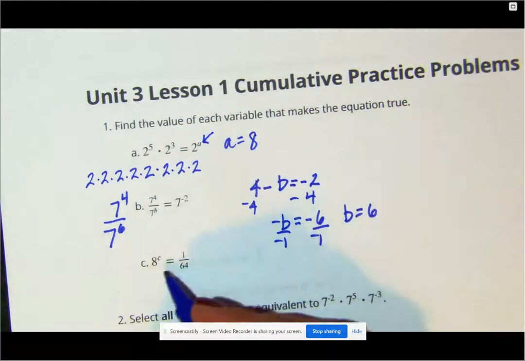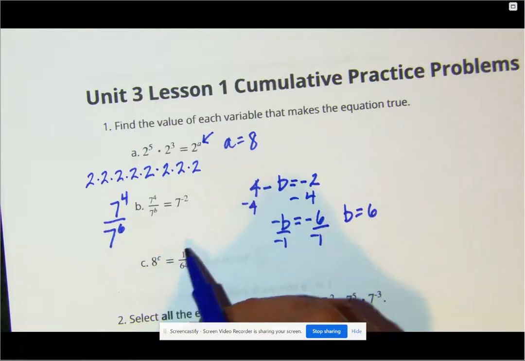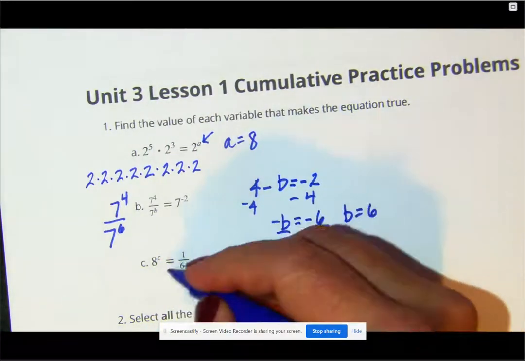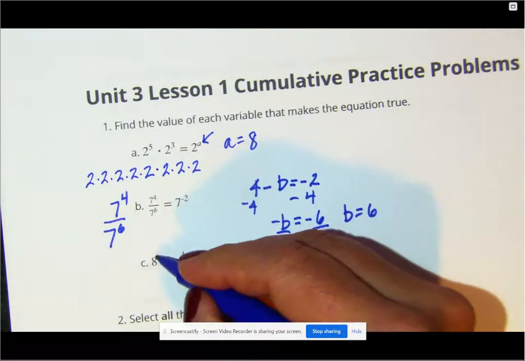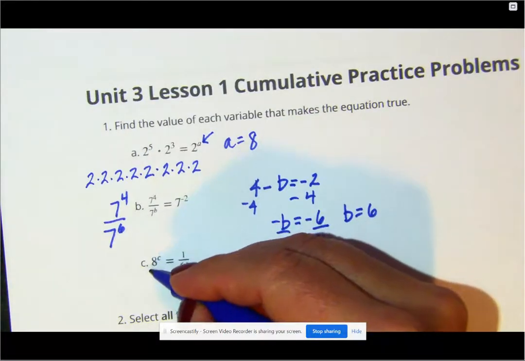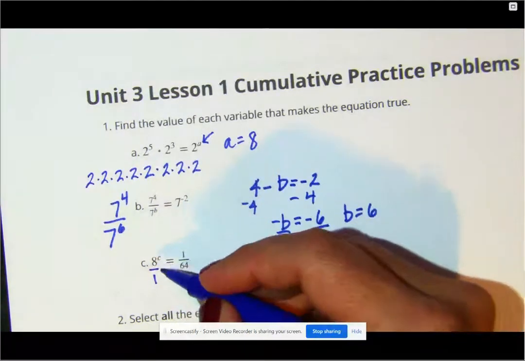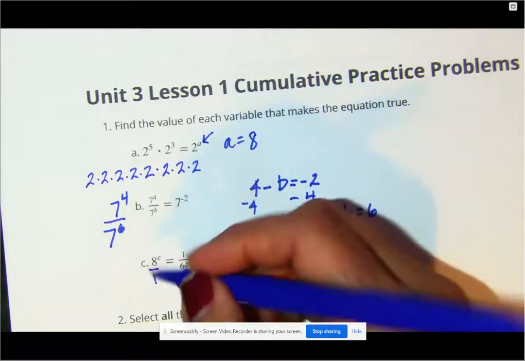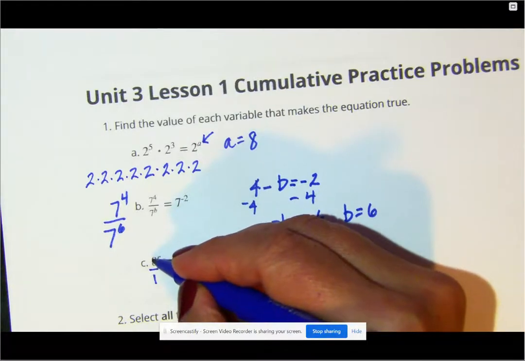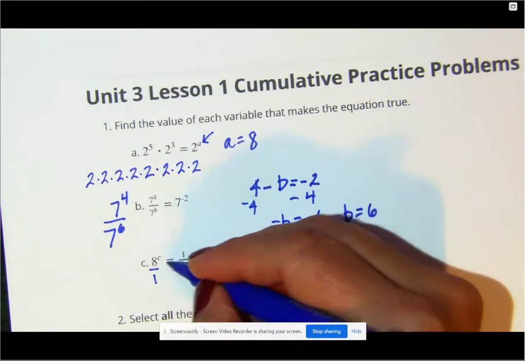And then letter C, 8 to some power creates 1 over 64. Well, right now this is 8 over 1. And so these are just little tricks I think about in my head. 8 squared is 64, but it's on the bottom.